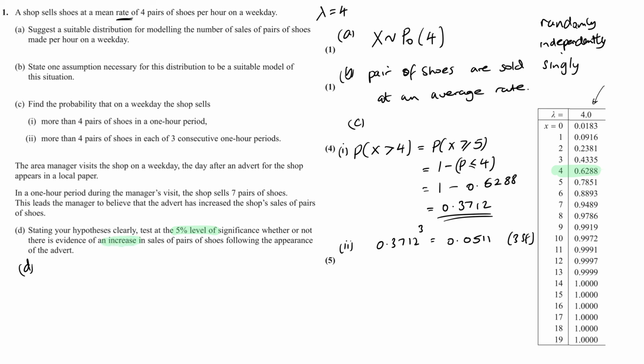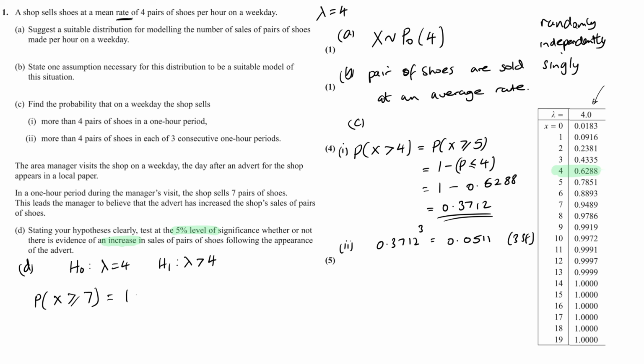So when I'm looking at this, my H0 is lambda equals 4, and my H1 is lambda is greater than 4. Now you can do this in 2 ways. We can ask, what's the probability that X is, we're looking at the 7, so greater than or equal to 7.